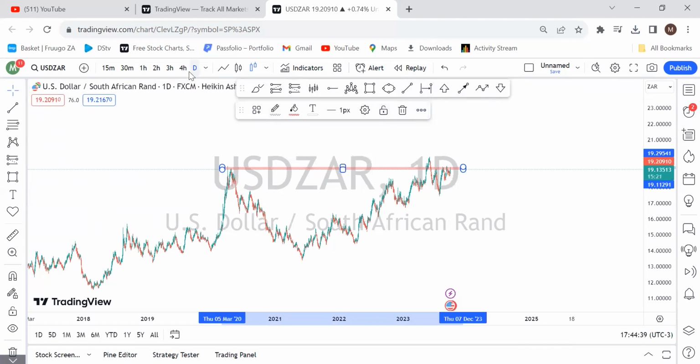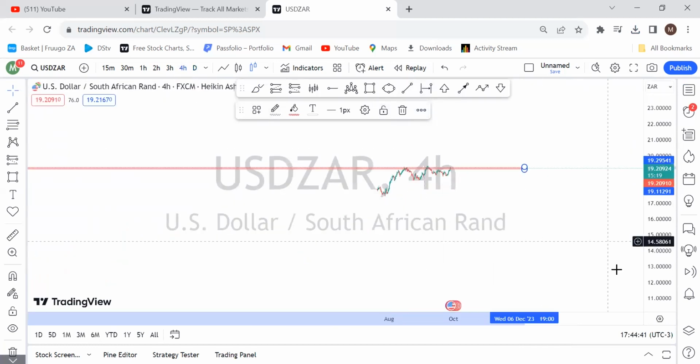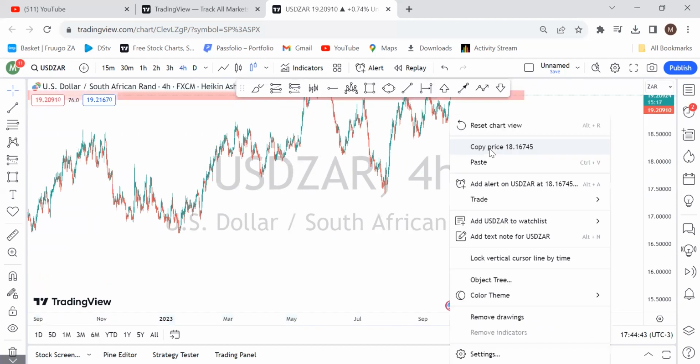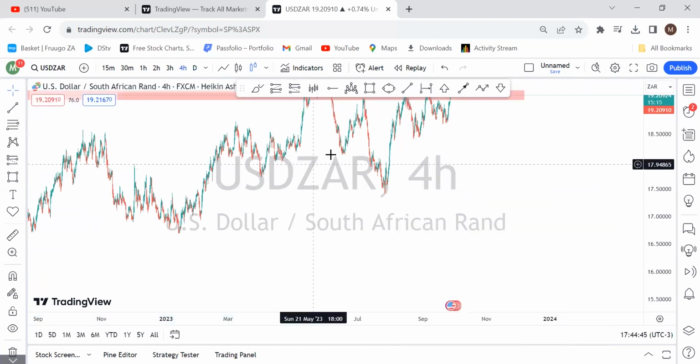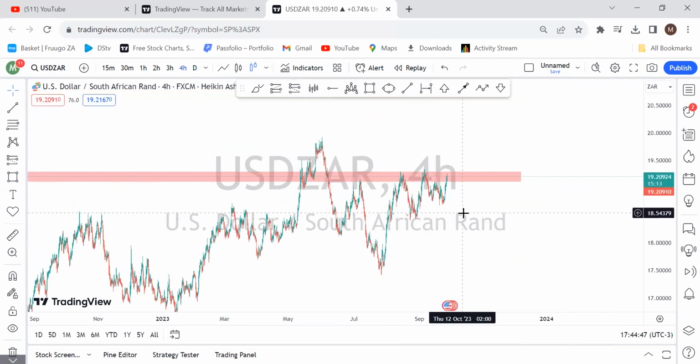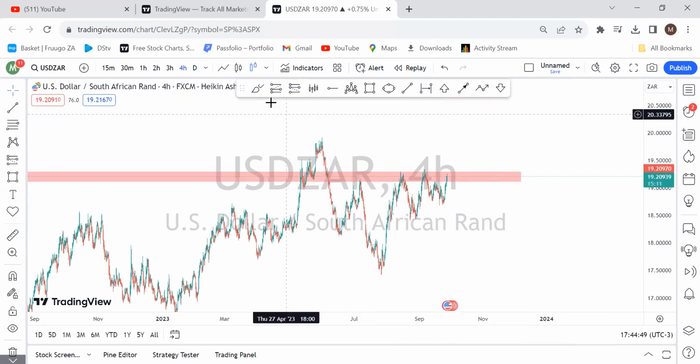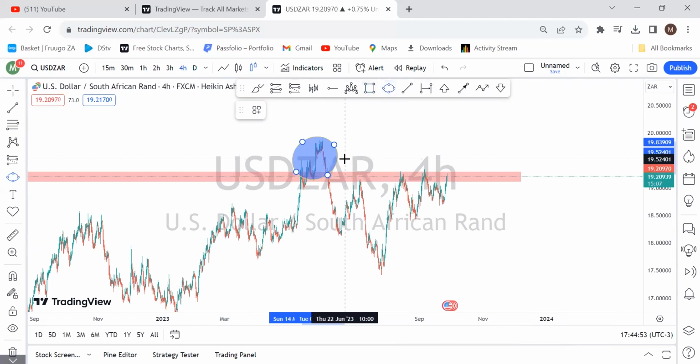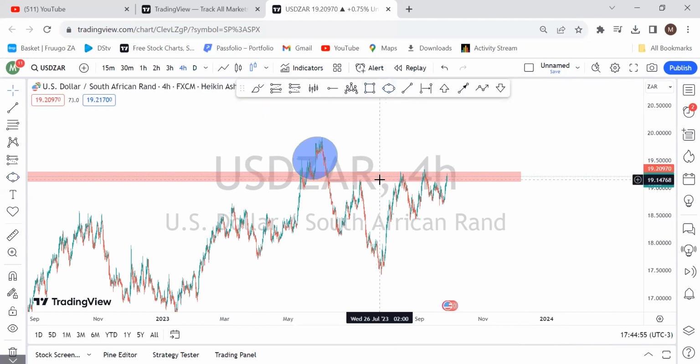And if we zoom in to the 4 hour time frame, you can see this is a clear breakout right here. That's a clear breakout, meaning this resistance might not be respected even though the price went back inside it.